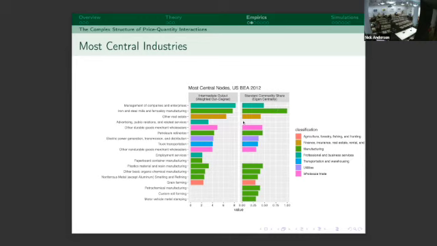But then, for example, this one is wholesale, and this is electric power generation. You also have truck transportation, in light blue, which makes sense. And also this is grain farming, and many other nodes are also involved in agriculture.